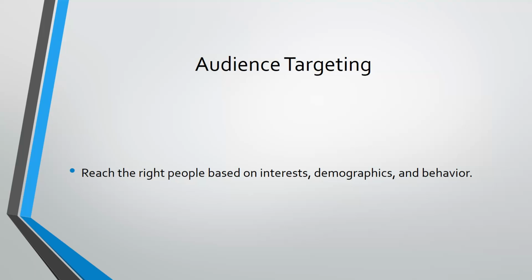Then we have audience targeting. Reach the right people based on interest, demographics, and behavior. That's why when I'm marketing this AI training for research, you are not seeing some young men inside, because I'm not teaching on how to create some funny things. I'm teaching on research.